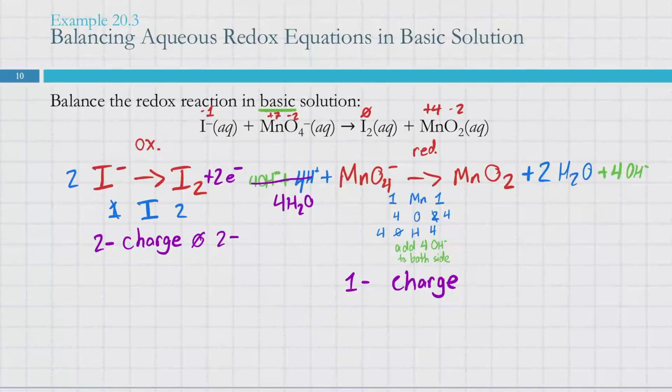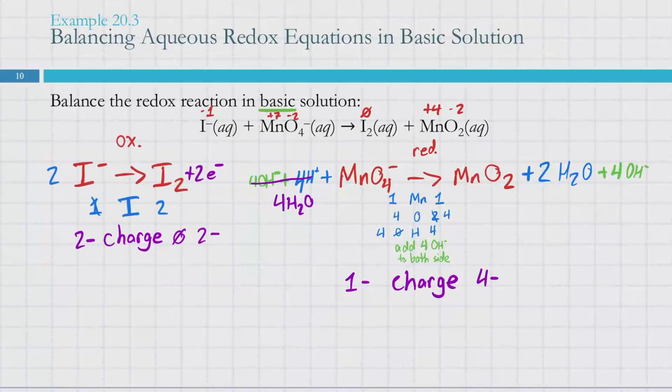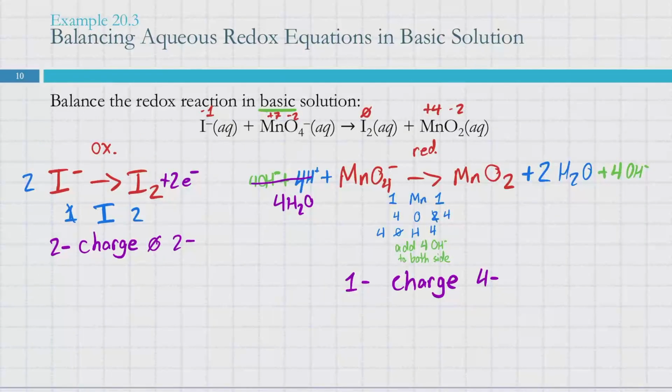We've got 4 hydroxides on the right side, so we've got a 4- charge on the right. That means that we have to add electrons to the left side. We need to add 3 electrons to the left side to get our -1 down to a 4-.